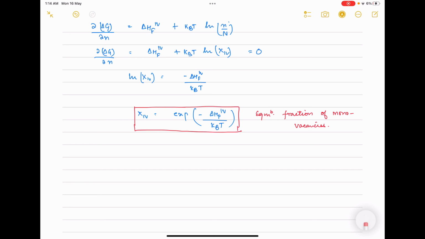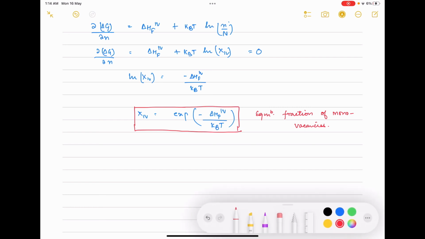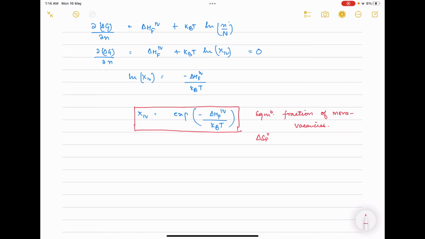Okay, this is when the entropy of formation is 0. So what happens if delta SF for one vacancy is not equal to 0? Then our delta HF 1V term is replaced by delta HF 1V minus T delta SF 1V.